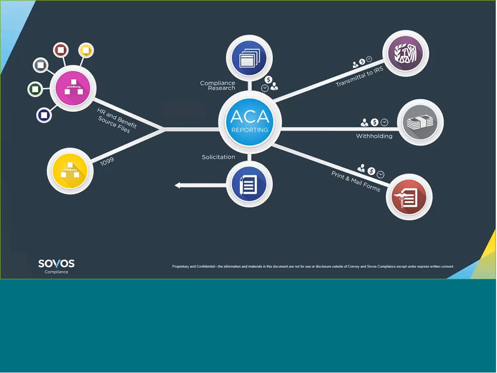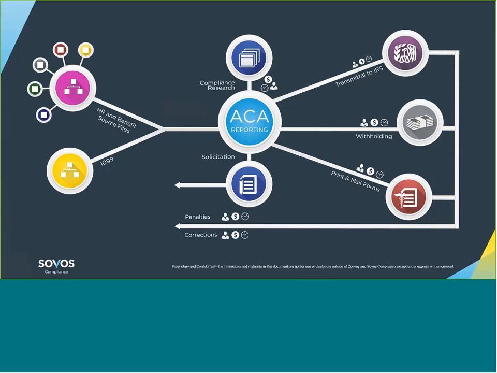So when looking to Sovos for a solution, this really is not about a solution that we have built from scratch for this year just for Affordable Care Act reporting. This is really about leveraging something that we've already been doing for 30 years in software platforms that have already been meeting these requirements that we have simply tweaked or modified to meet the needs for the ACA.